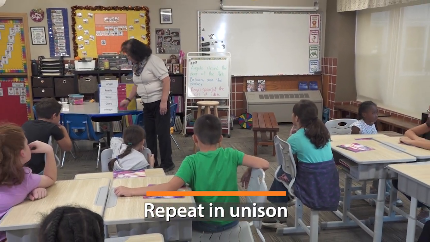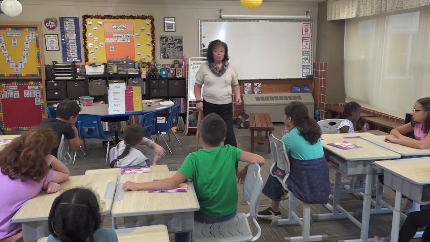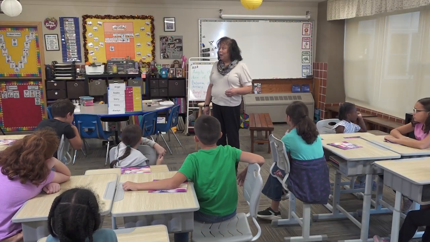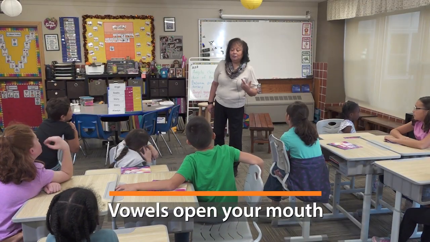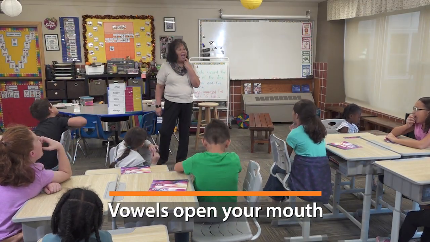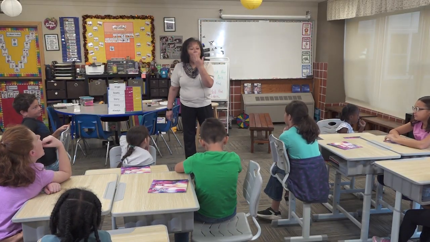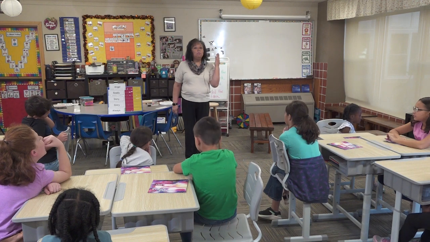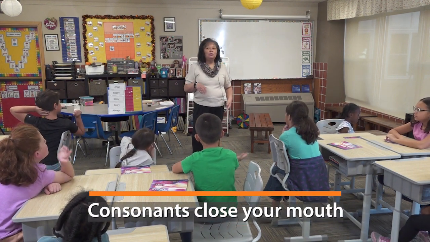I'm going to move this guy down here. Okay, now, remember, vowels do what? They open. So we have our A vowel, ah. What position? Ah opens. But when we do b, what happens to our mouth?